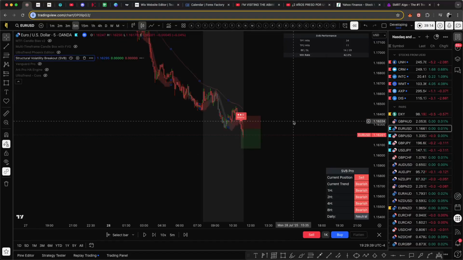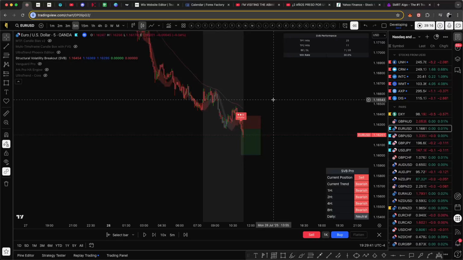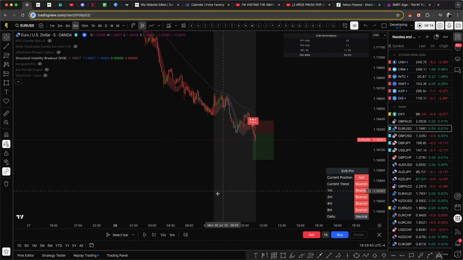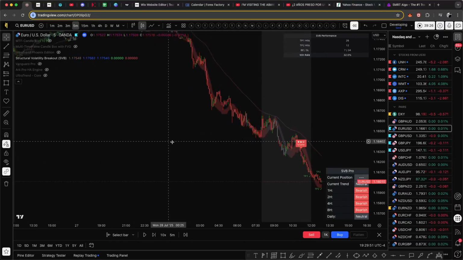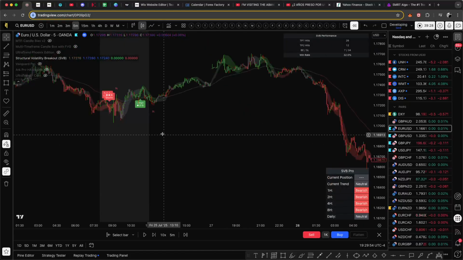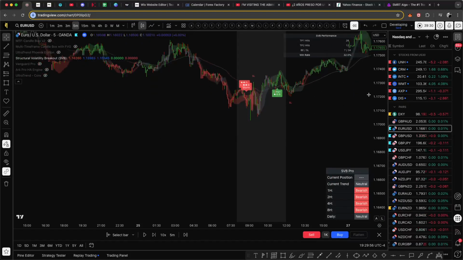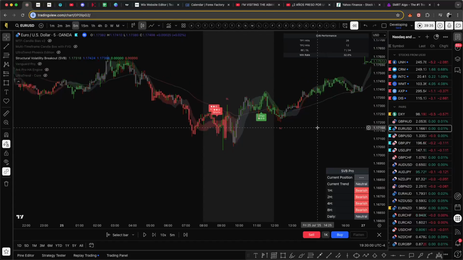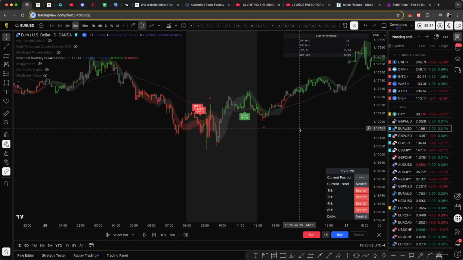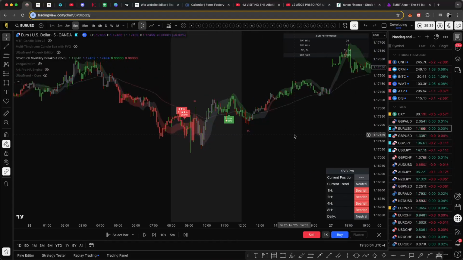You can try that to have at least a 1 to 2 R. Normally the 1 to 1.5, because it's much closer, is a pretty good target to hit. It's more realistic, because when you choose a target that is too far, it's more difficult to get, less realistic.